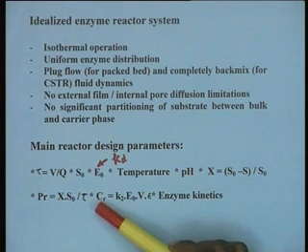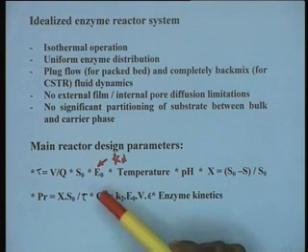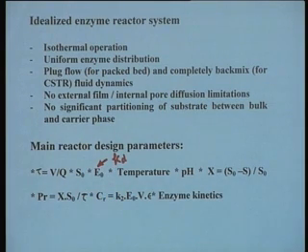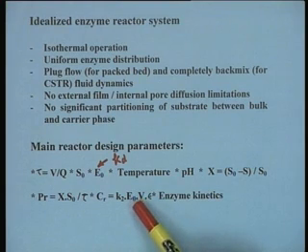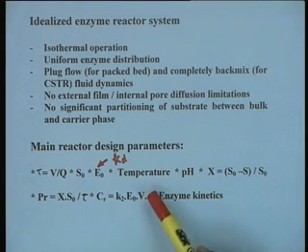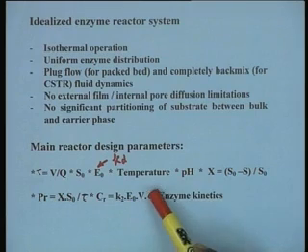Then there is the reactor capacity. Although under a given set of conditions you may get a certain productivity, the reactor capacity will be given by Vm, that is K2 E0 of the enzyme, multiplied by the reactor volume multiplied by the void age.